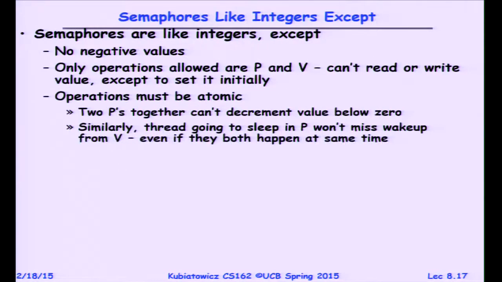All right. Basically, a thread going to sleep in a P won't miss a wake up from V. So if you have a P and a V happening simultaneously, there's no way to interleave them that will violate those constraints either. Okay? The implementer of the semaphore does that for you, and then you can think that's the right behavior when you're using it.